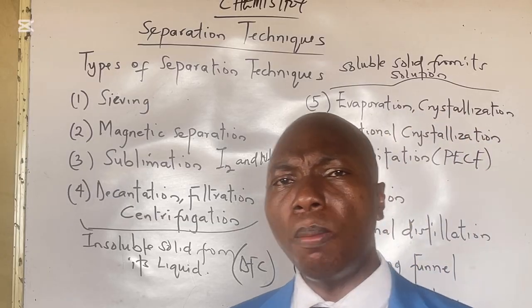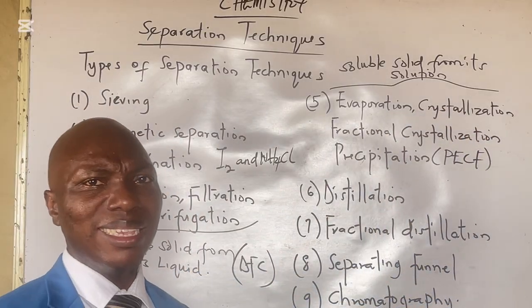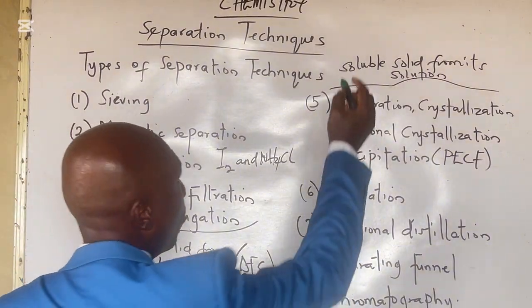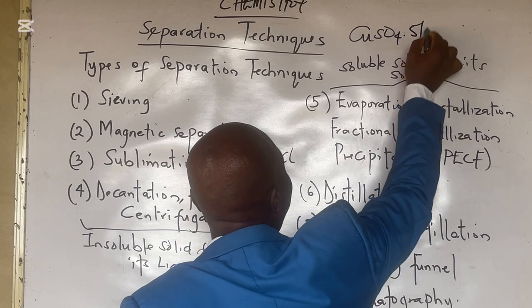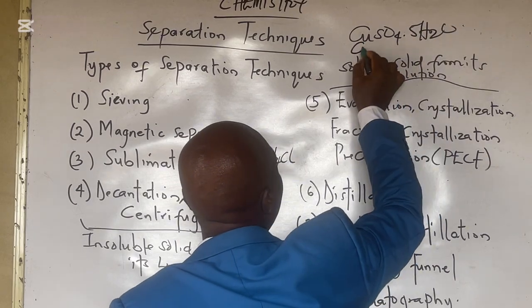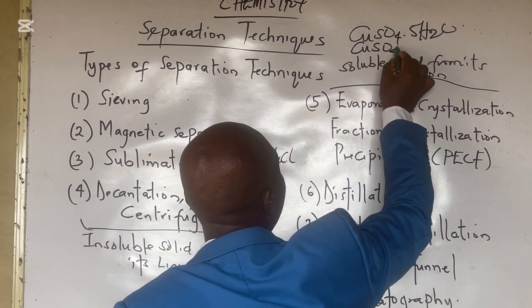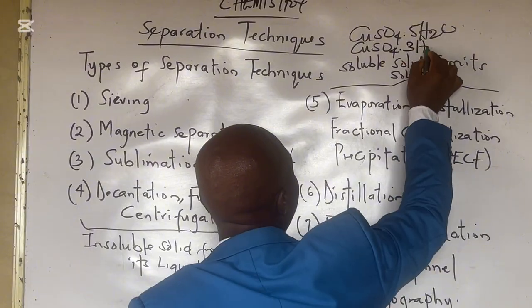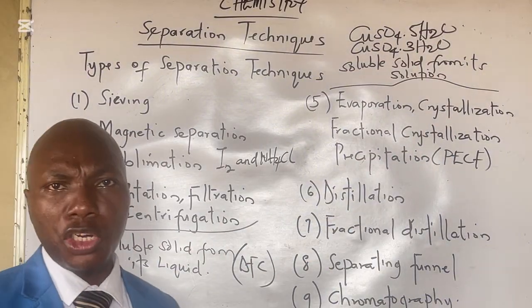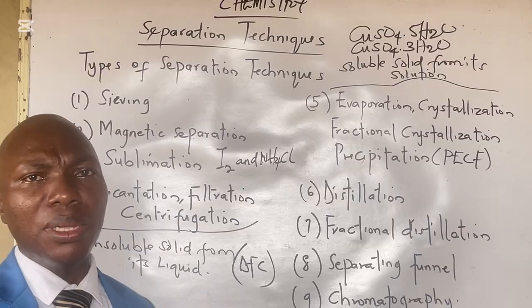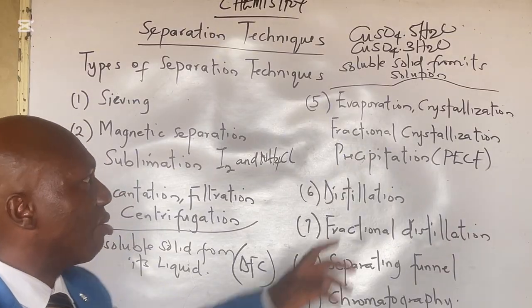Example is copper(II) tetraoxosulfate(VI) pentahydrate, copper sulfate pentahydrate. Another one is copper sulfate trihydrate. All these substances have their water of crystallization, and they can easily be separated using crystallization.